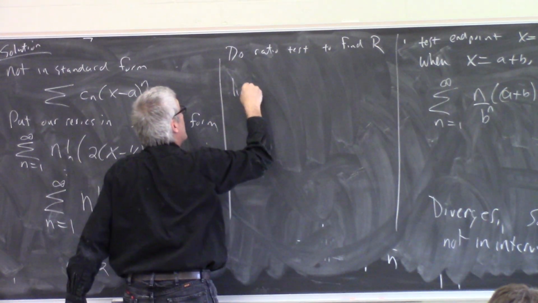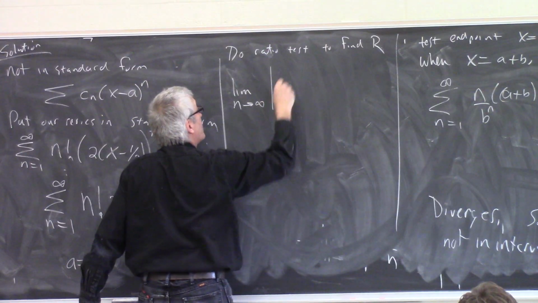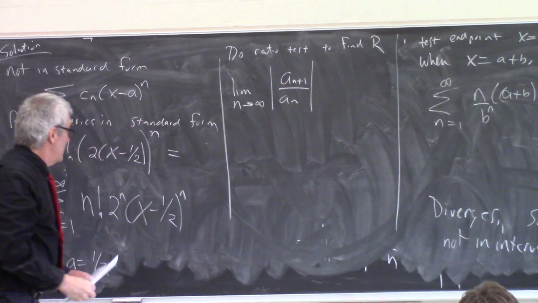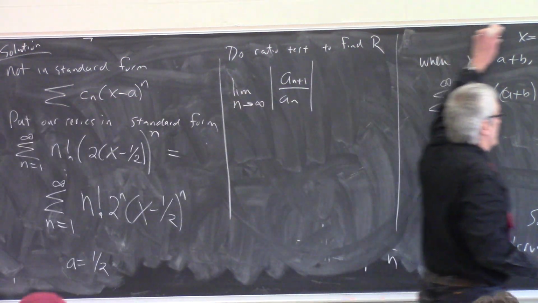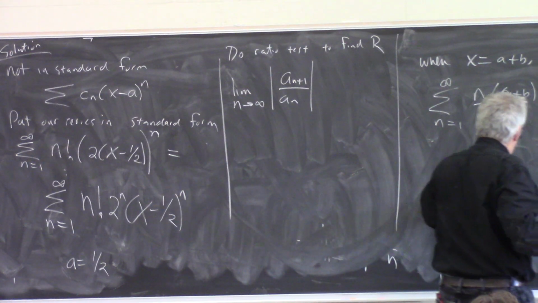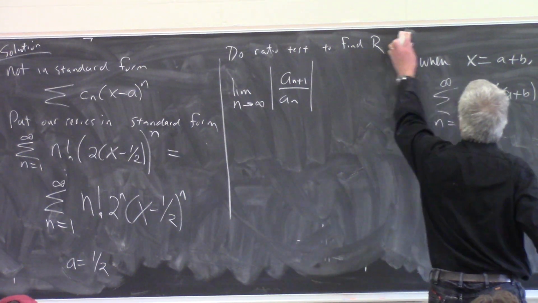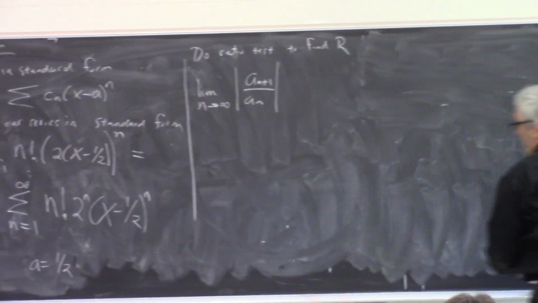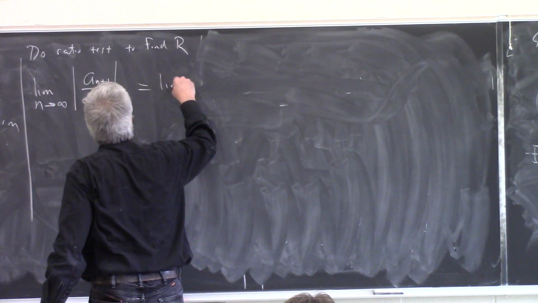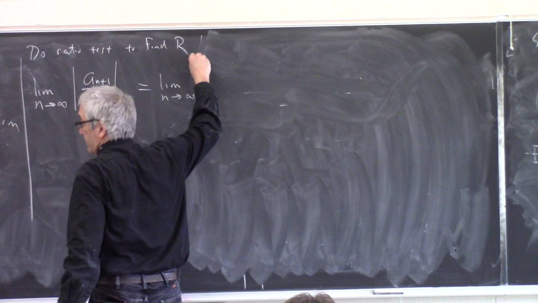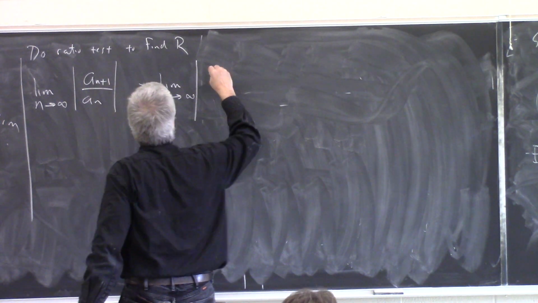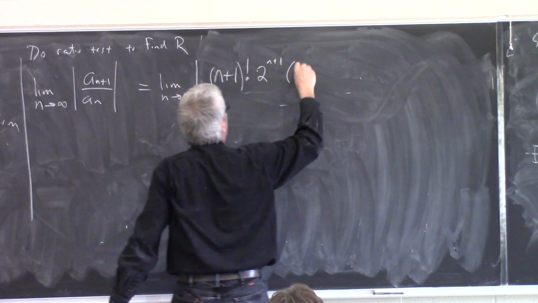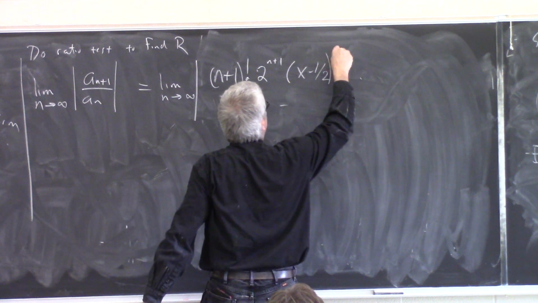So the limit as n goes to infinity of the absolute value of a sub n plus 1 over a sub n. So this is the limit as n goes to infinity of, on top, n plus 1 factorial 2 to the n plus 1 times x minus 1/2 to the n plus 1.